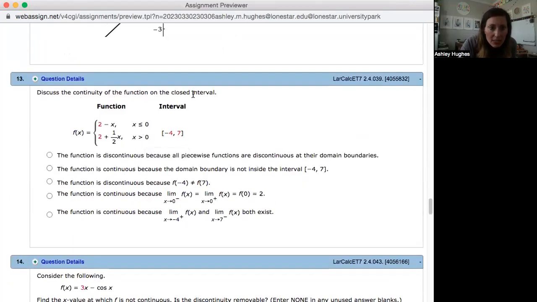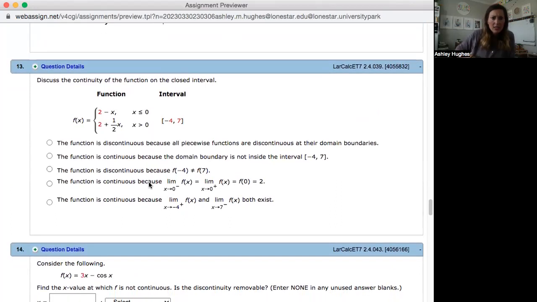This one, discuss the continuity, let's see. Is it discontinuous? Well, first let's talk about each of these. They're fine. They're continuous everywhere by themselves because they're polynomials, because the power on x is a positive integer, all right? So that means they're both continuous everywhere. But my question is, are they continuous where we hand off? And we hand off where x equals this number here, which in this case is 0.